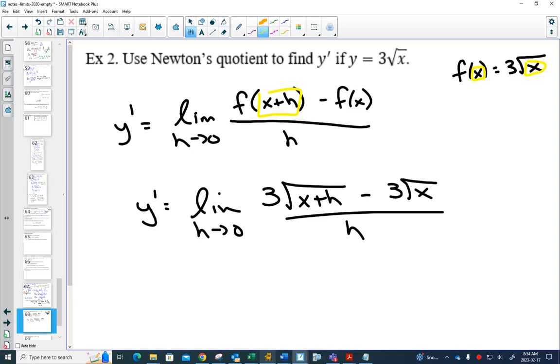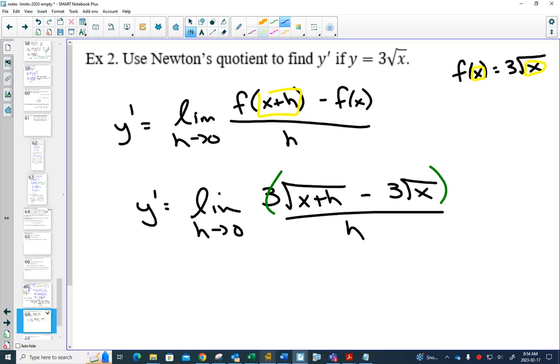And this is why we do the practice with limits to begin with, because we want to be able to solve these limits. And you might recognize, oh, what did we do when we had a bunch of square roots? We wanted to get rid of square roots. What would get rid of square roots? Well, if you took this and multiplied it by a difference of squares, then it would simplify and the square roots would go away.